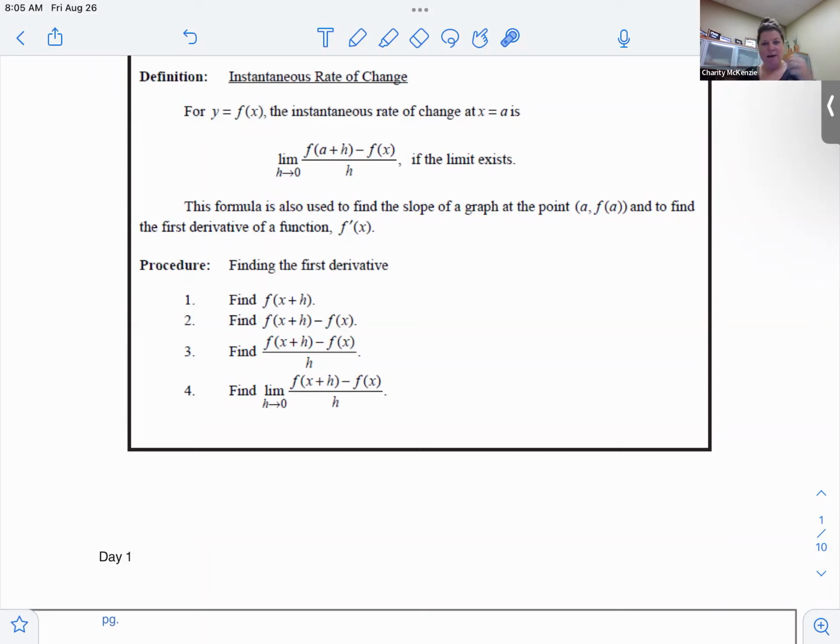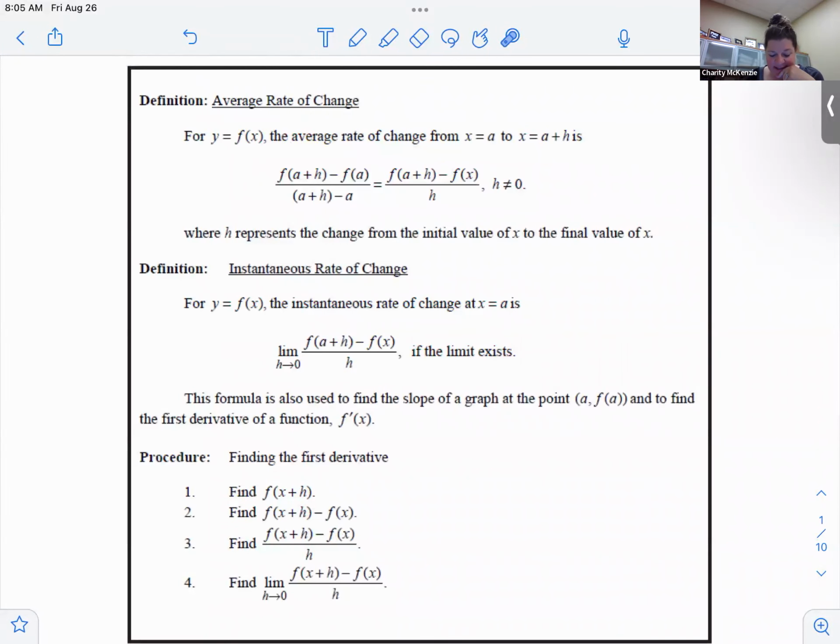What's the change in my y's over my change in my x's? And basically, that's what you see here. So this is change in y, putting the values into the function. So if I start with value a, then my next point will be maybe h values up. So these are just your y's over x's. So change in y over change in x.